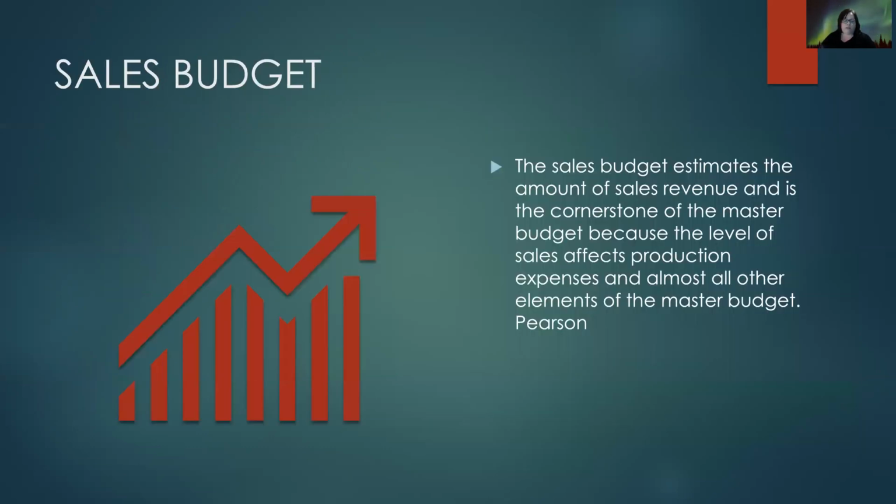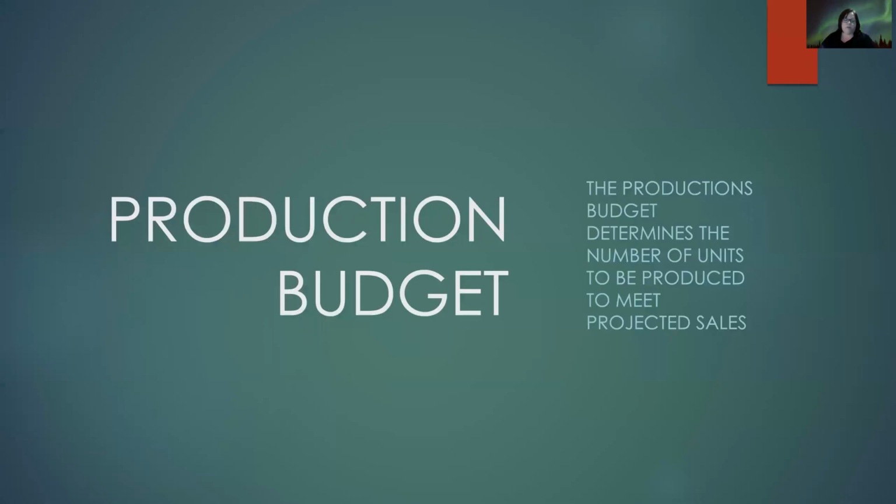The first budget in the operating budget is the sales budget. A sales budget is an estimate of sales revenue, or in other words, it is how much money we are going to make in sales during a certain period. I like how our book states the sales budget is the cornerstone of the master budget. We basically base all other budgets off of the sales budget. Let's go into the production budget.